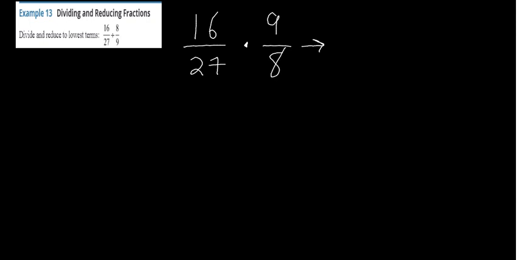And what I mean by that is, we know that 16 and 8 can reduce, right? Because 16 is twice 8. So instead we're going to rewrite 16 as 2 times 8. We're doing that specifically so the 8s will cancel, and you'll see that here in a moment. And then 27, we're going to write specifically as 9 times 3. And again, we're doing that so we can cancel the 9s.